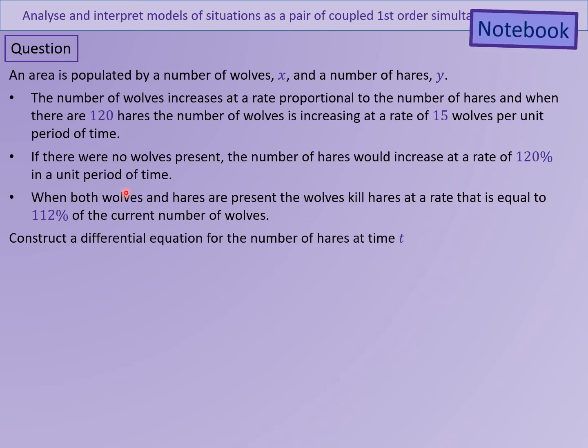If there are no wolves present, the number of hares will increase at a rate of 120% in a unit period of time. When both wolves and hares are present, the wolves kill hares at a rate equal to 112% of the current number of wolves. Okay, so the more wolves, the higher that percentage. What I want to do is try getting rid of all these words and see if I can boil it down to an equation.